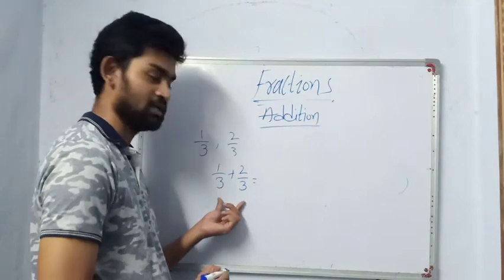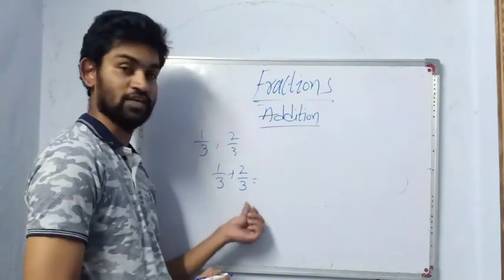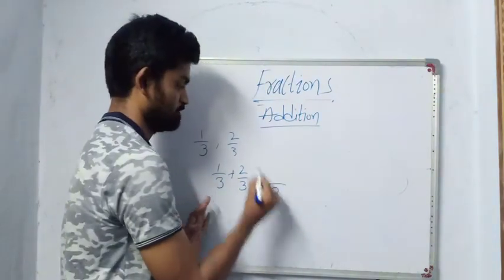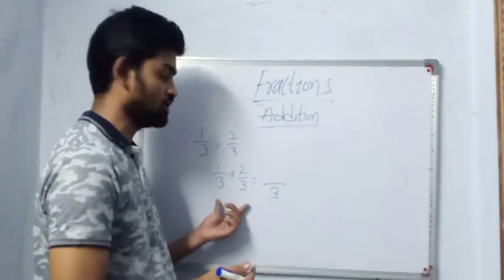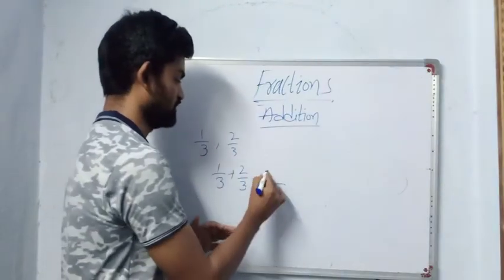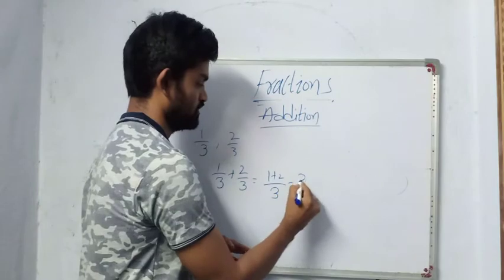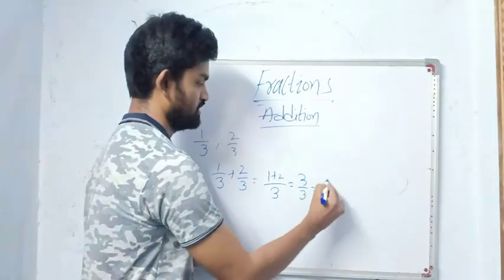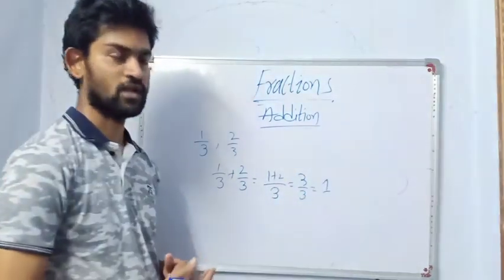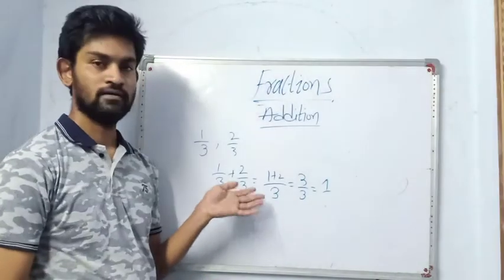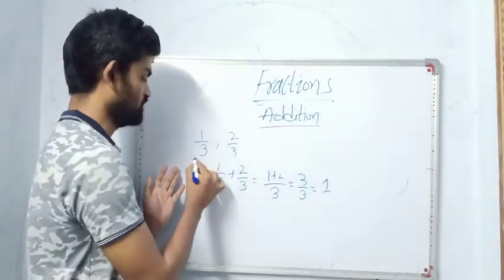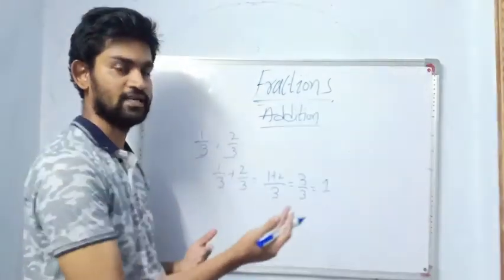What is the denominator here? Same denominator, that is 3. We will write 3. When the denominator is the same, we just add the numerators, that is 1 plus 2. How much? 3 by 3 equals 1. This is how we add like fractions. Because the denominator is the same, we can add the numerators directly.